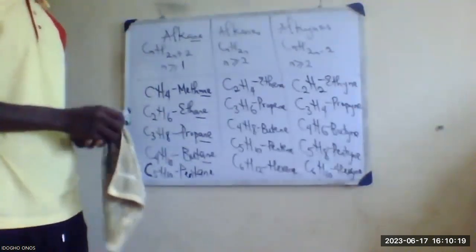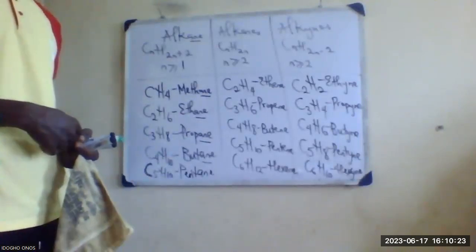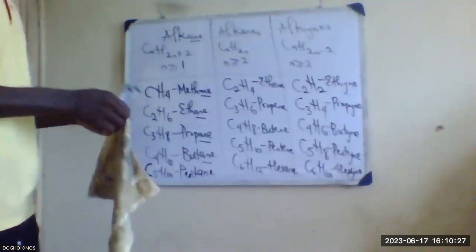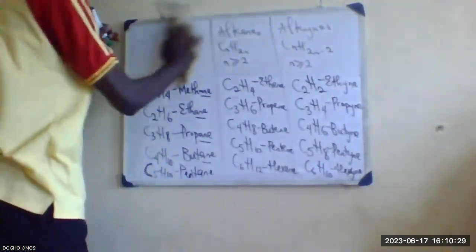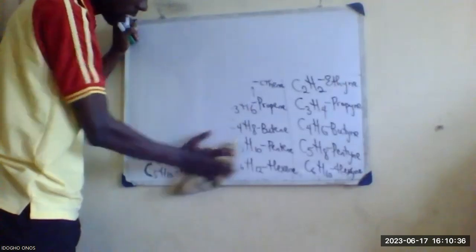Let the students know that sometimes they are asked in theory questions to define homologous series and functional group. I've given you the definition of homologous series already. A functional group is simply defined as a group of atoms, molecules, or ions which gives an organic compound its characteristic chemical properties.